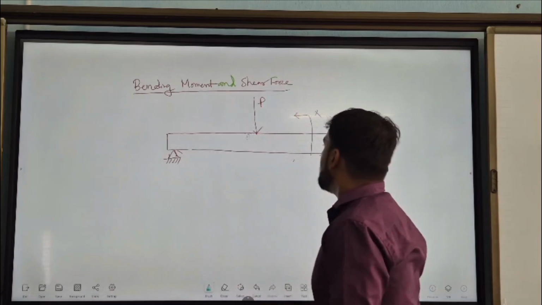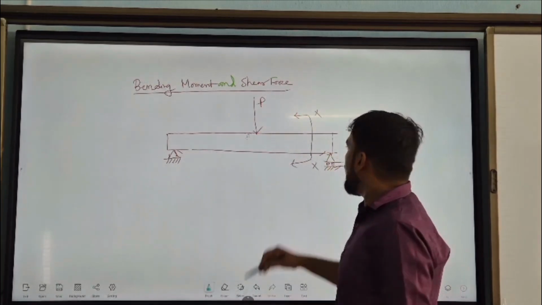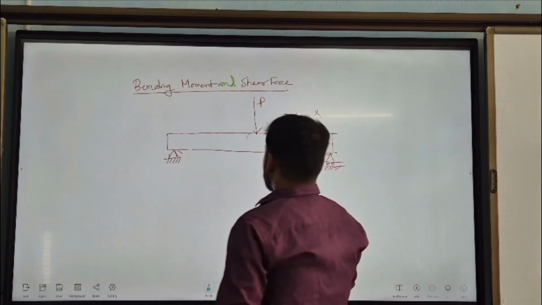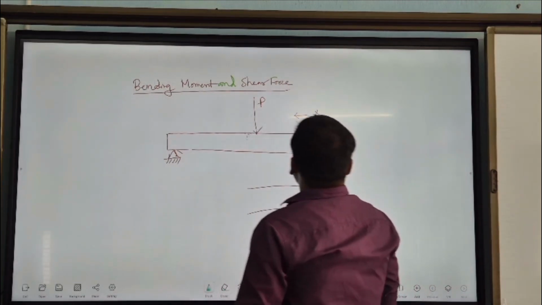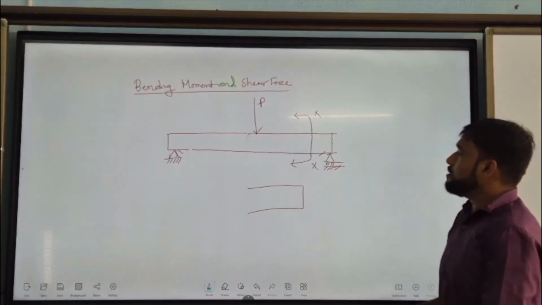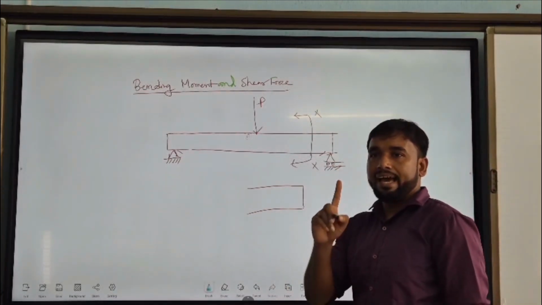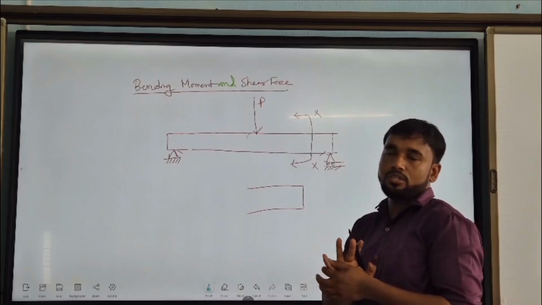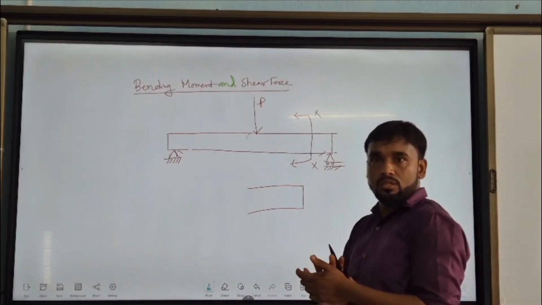So the transverse load will cut the beam at section XX and draw the free body. You will get two internal forces. One is your shear force, another is your moment.